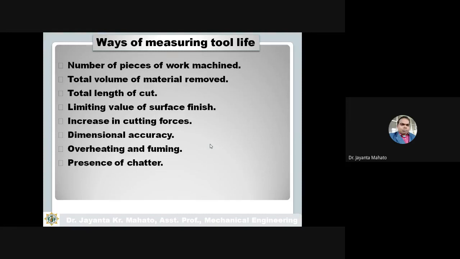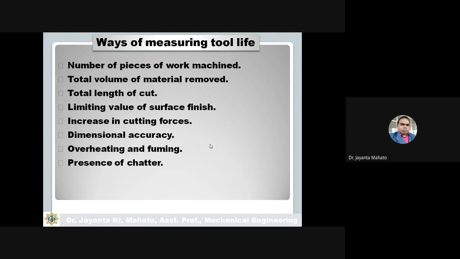Okay, so this is the way, how much work is machined by using that particular tool. Okay, total volume of material removed. So how much total material is removed by using that tool only. Okay, total length of cut. How much total length is cut by using only that tool.